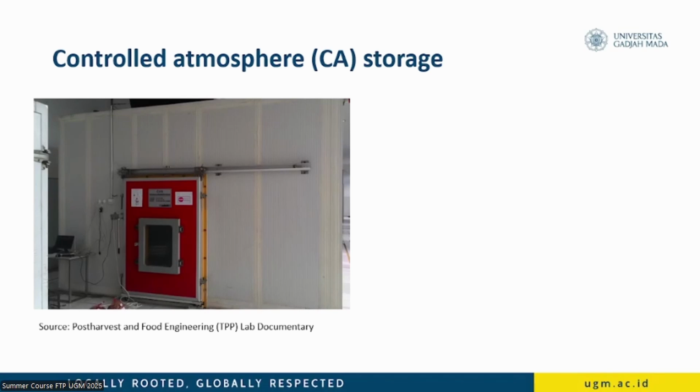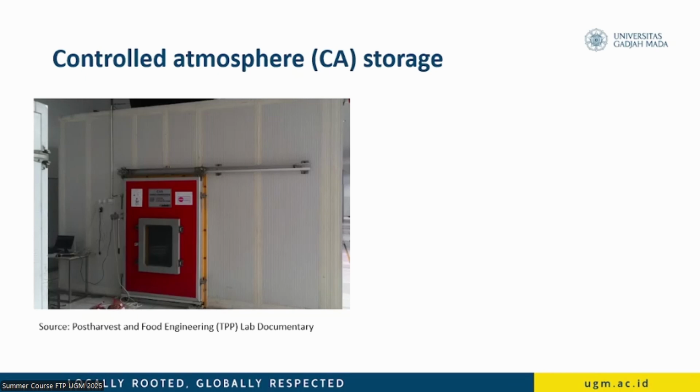So this is controlled atmosphere storage. How many of you already know about controlled atmosphere storage? Okay, 1, 2, only. It's typically storage where the atmosphere can be modified. The oxygen is lowered, the carbon dioxide is slightly increased, and the temperature is decreased to extend the shelf life of the products.